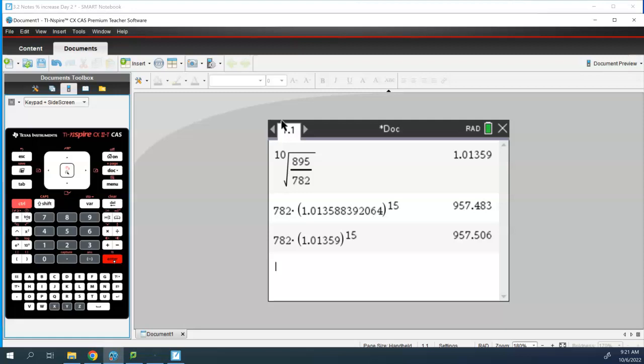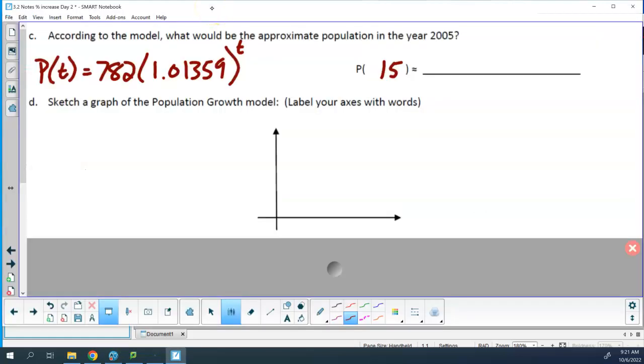So 957,000, you want to go 506 or 483? .483 is more accurate because it's using more decimal places. So 957,483.